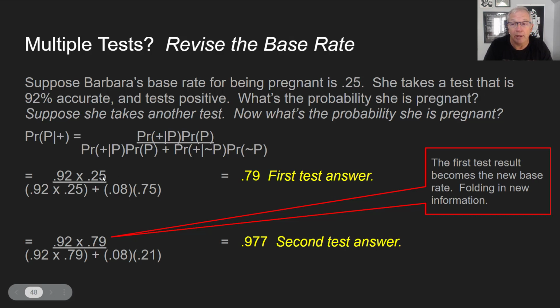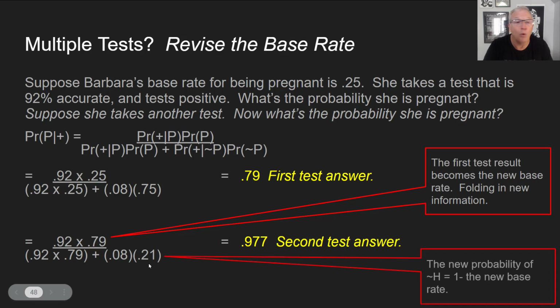And then importantly, the probability that she's not pregnant changes to 0.21. In the original problem, the probability she wasn't pregnant was 75 and the probability she was pregnant was 25. But now, with our first test result, it's 79% probable that she's pregnant and 21% probable she's not.